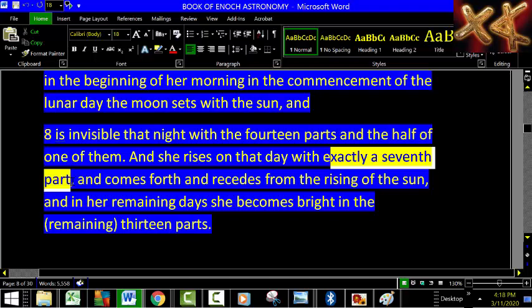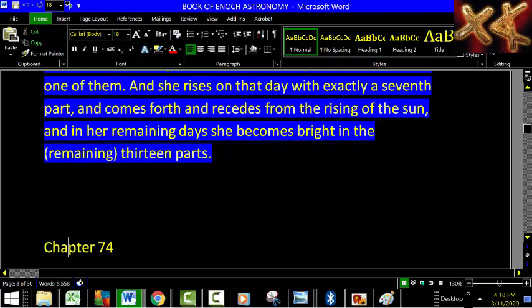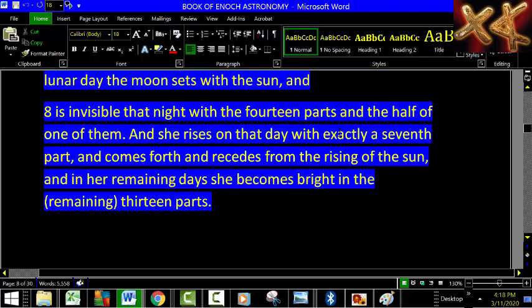If you think about the moon having 4 phases, each making up approximately 7 days, it should be clear how he's talking about a 7th part there. You get the first 7th part in the first 7 days, the second 7th part in the second 7 days, and so forth. All right, so that's how we determine when the new month starts.